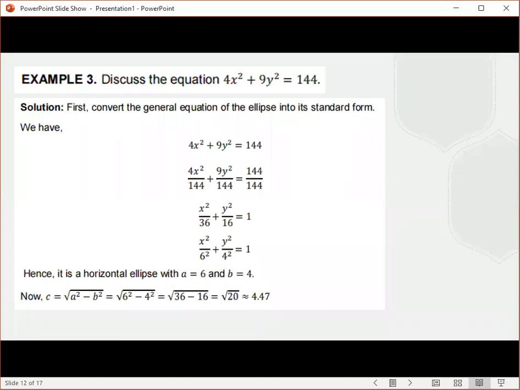So now we have the value of A, B, and C. How about the value of H and K? Take note, the center has coordinates H, K. So here, what do you think is the center?